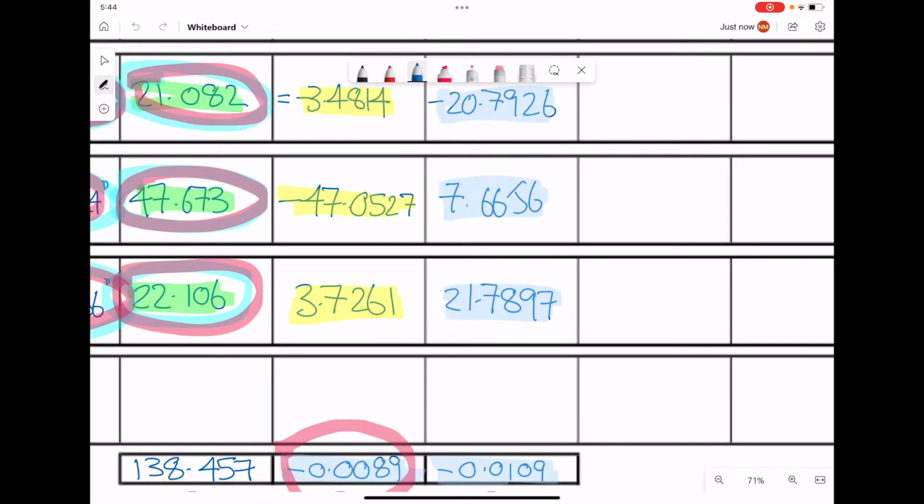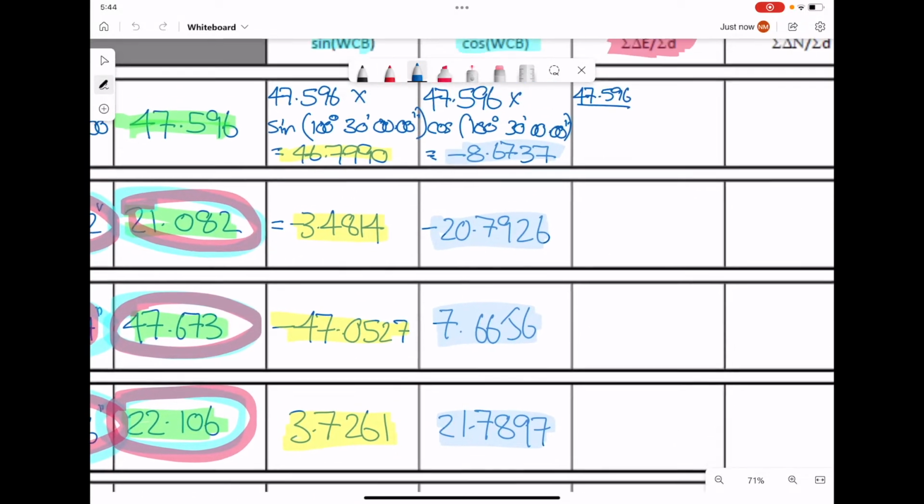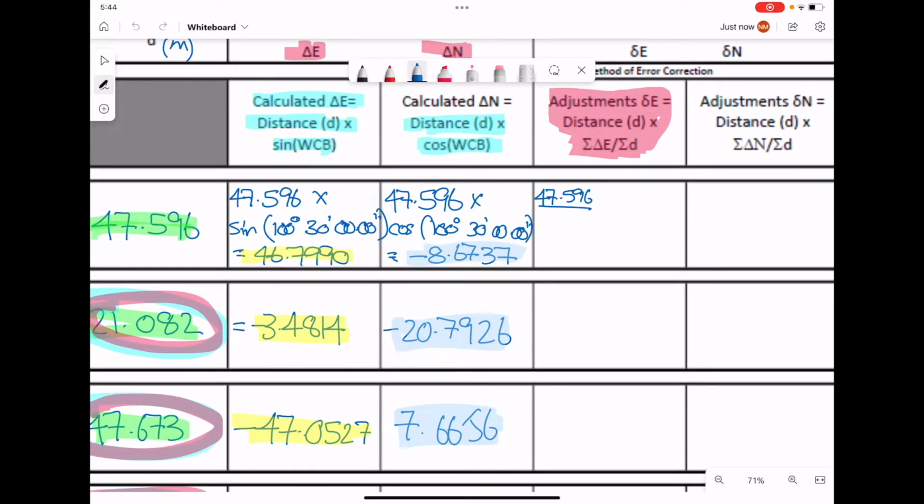Here you can see at the bottom it is 138.457, and we multiply that by our total delta E, which is minus 0.0089. That gives us an adjustment for this part of the traverse of minus 0.0031.